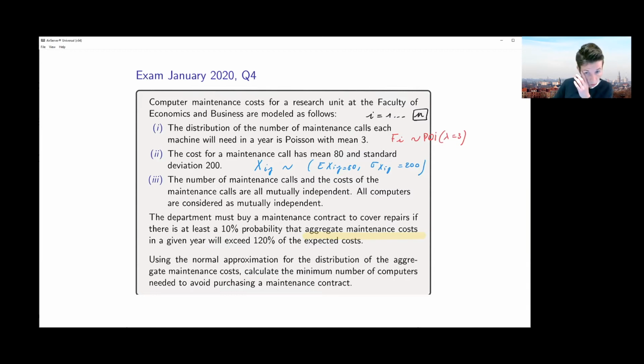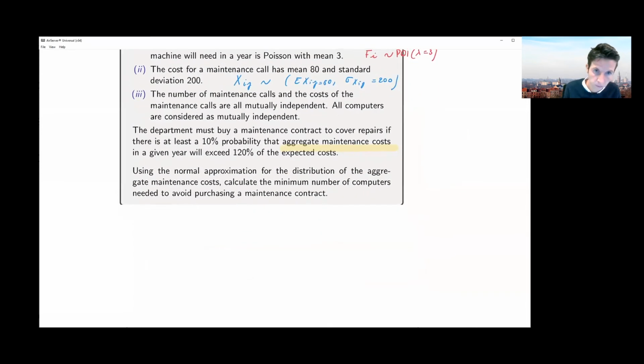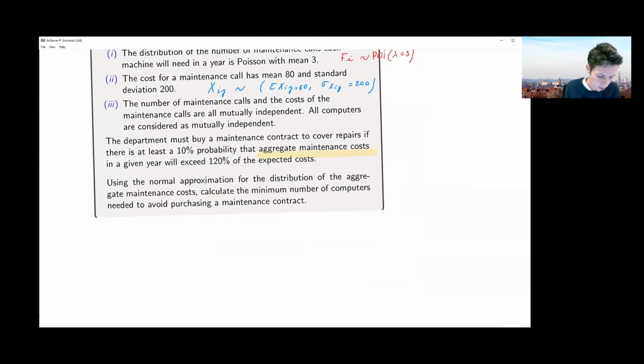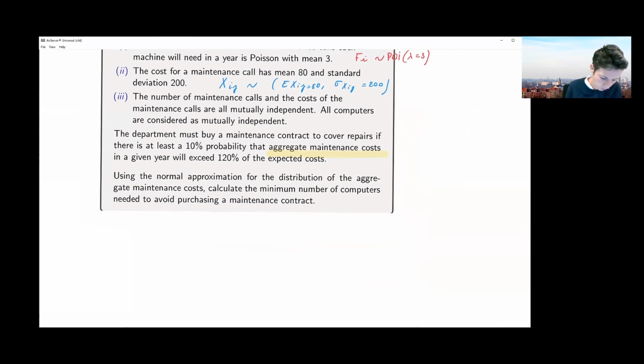Any questions at this point? All right. So how would you write these aggregate maintenance costs? That's the next question. This has to go across all the machines.